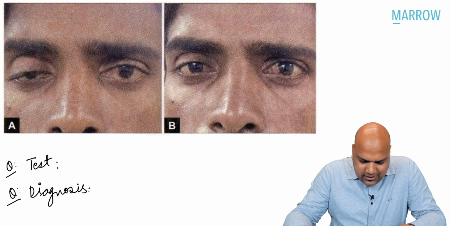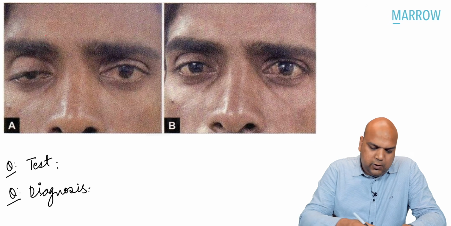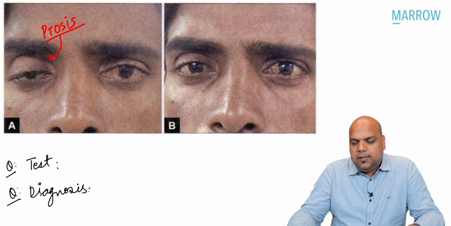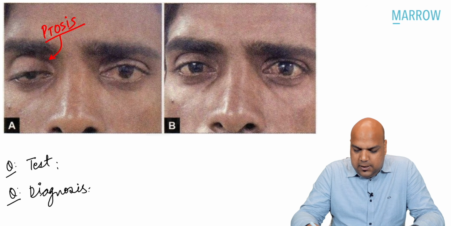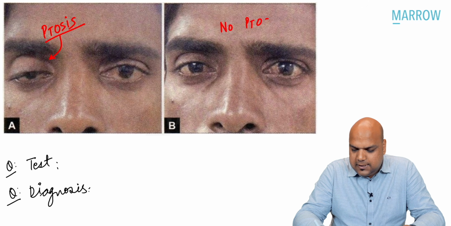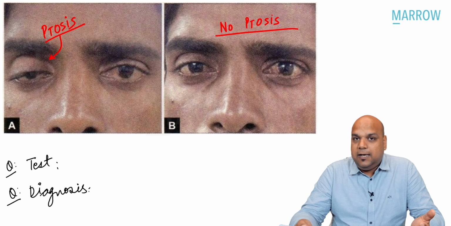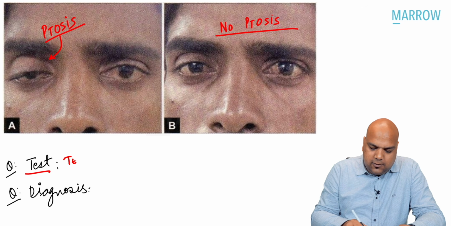So what is the test shown in image A and B, and what is the diagnosis? Okay, so what do we see? We first of all see ptosis in image A, a good amount of ptosis in the right eye. But in image B, there is almost no ptosis, or the ptosis has improved. That means some test has been done between both the images, and that test is called the Tensilon test.